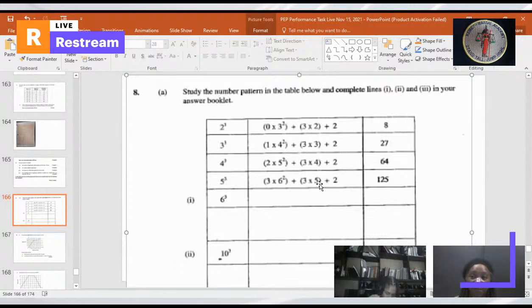So for any number they give you, if they ask for the 40th number, we would take 2 from the 40, put it here, add 1 to the 40 here, and write back the 40. You get what I'm saying? Yes, miss. So if we use n to represent the base, we can determine the pattern for n, which is what they're going to want us to find for I. So based on that now, what would be the pattern in 6 cubed?